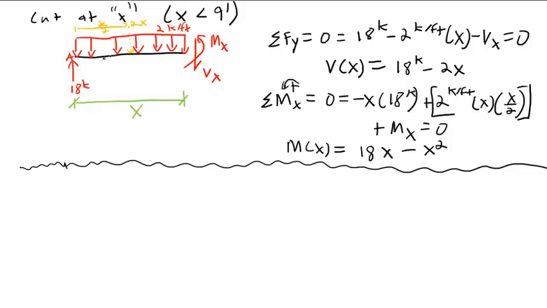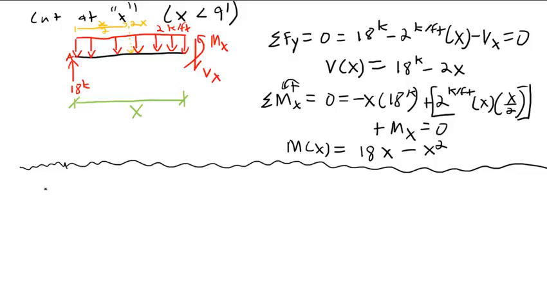If you cut at, say, 6 feet, there will be 6 feet here, and so there'll be an equivalent of 6 times 2 or 12 kips halfway down at 3 feet. So we basically construct this defining everything in terms of x.